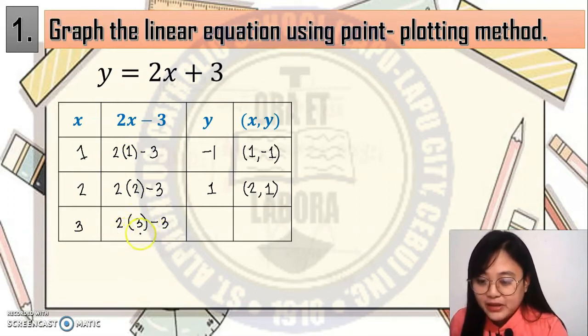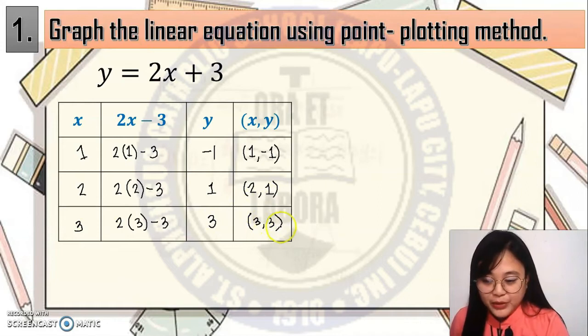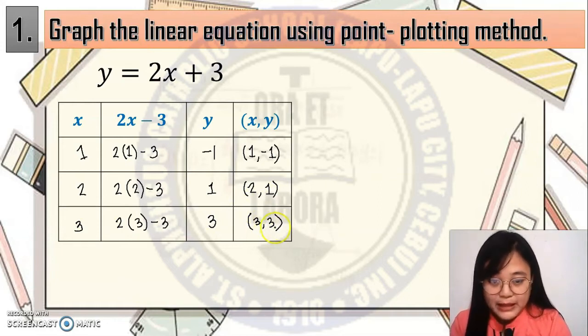So 2 times 3 is 6, plus 3, then that is 9. So our ordered pair here is 3, 9. Afterwards, class, we're going to plot that in our Cartesian plane.